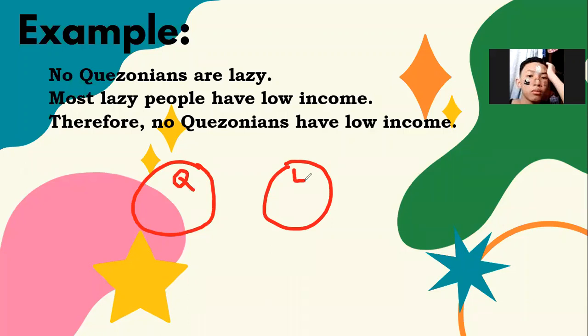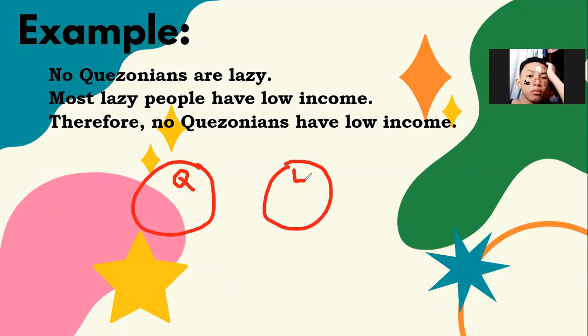Okay? Second statement. Most lazy people have low income. When we say most, we can use some, yung quantifier natin, di ba? Some lazy people have low income. Some L are I. Yan.